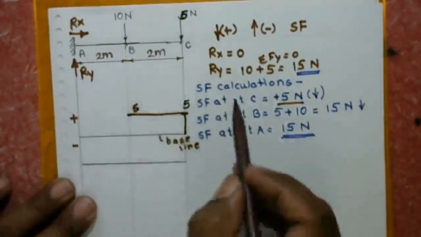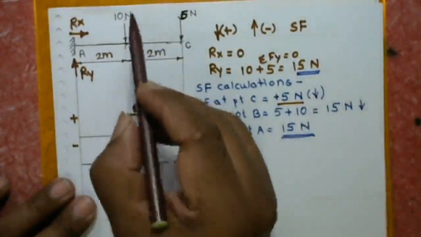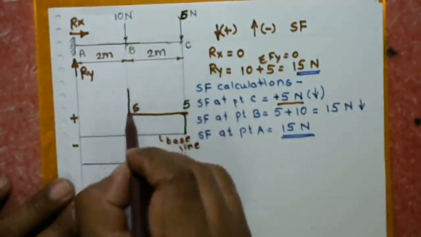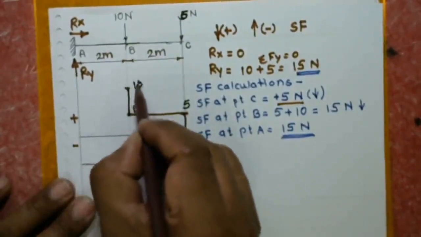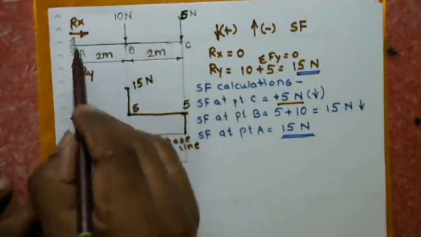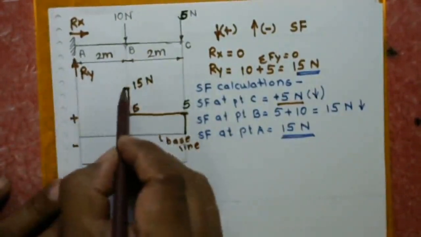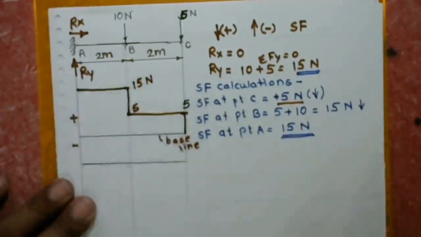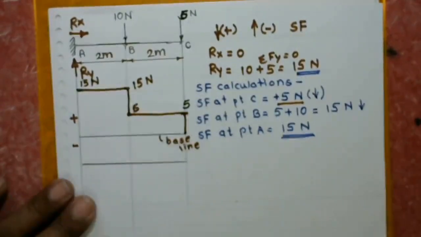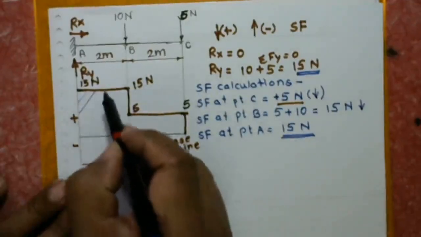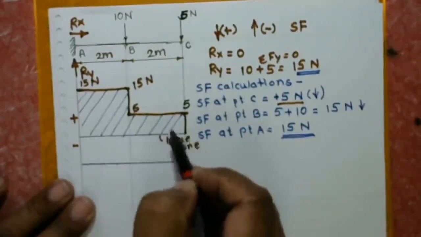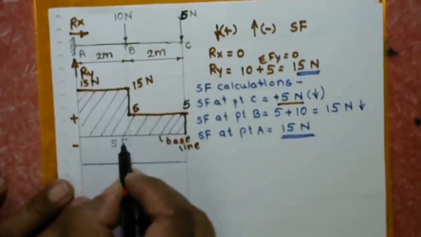But at point B it increases by 10 Newton, because a 10 Newton point load is acting there, and it becomes 15 Newton at point B. Again between point B and A there is no load, so it stays 15 Newton. In this manner we complete our shear force diagram, abbreviated as SFD.